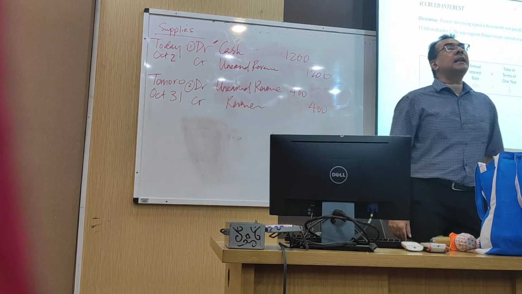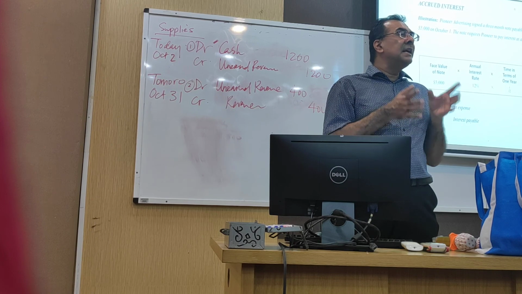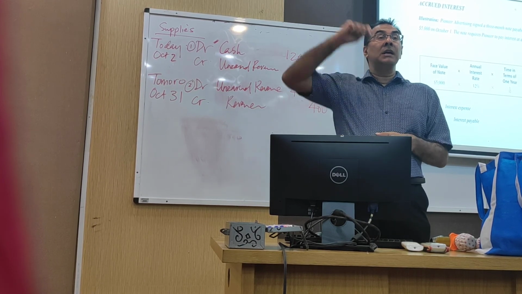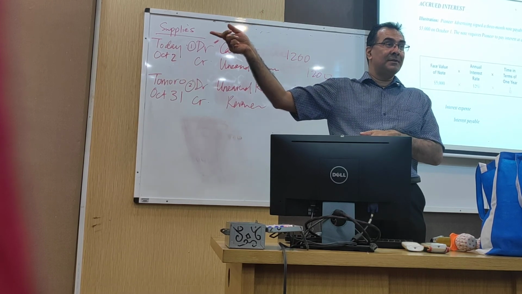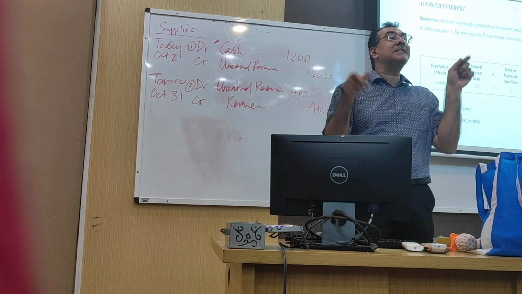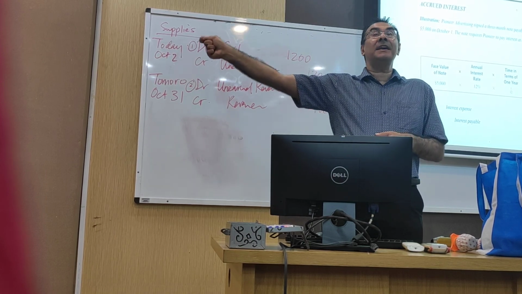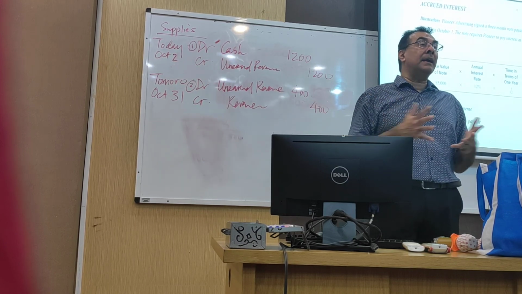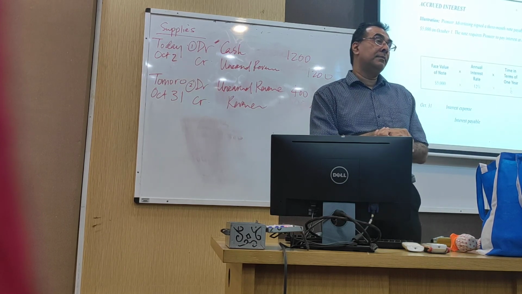Is this clear or not clear? So in the case of accrued revenues, remember it will always create a receivable account. Why? Because tomorrow you are going to receive the cash. And accrued expense is the opposite of accrued revenues, where you have to pay the cash tomorrow. So accrued expenses create payable, accrued revenues create receivable.